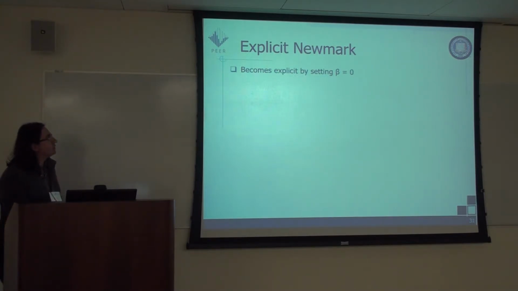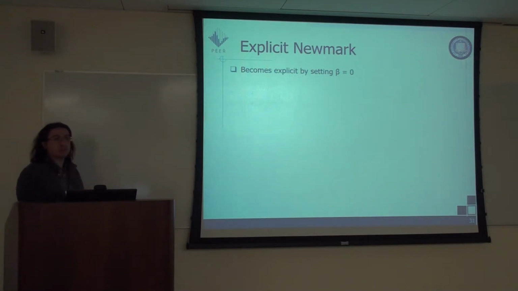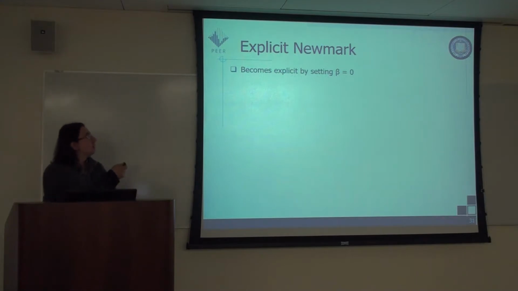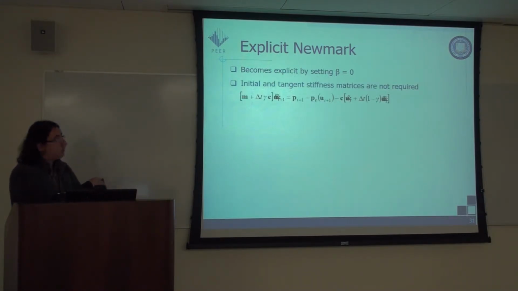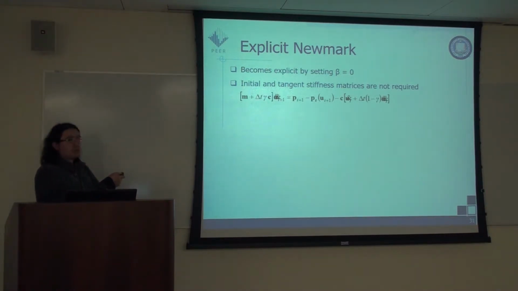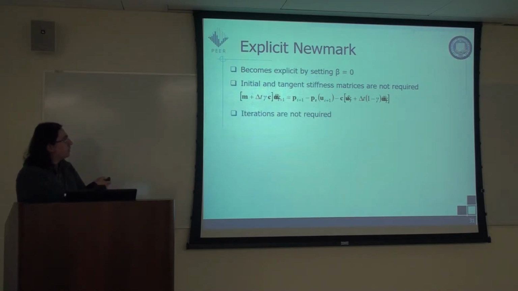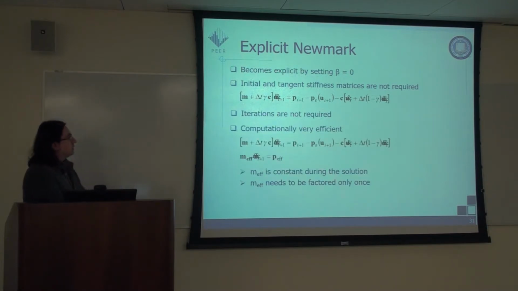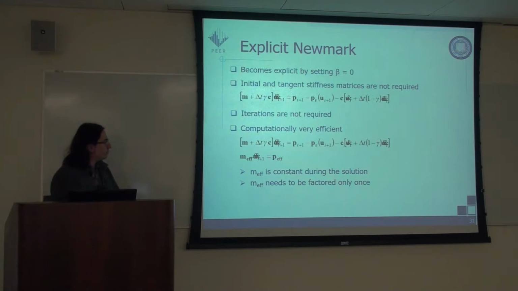Explicit Newmark basically becomes explicit by setting one of the parameters, beta, to 0, and one of the nice things about the method is that initial and tangent stiffness matrices are not required, and also iterations are not required, as I have shown. Because of these reasons, it's computationally very efficient.